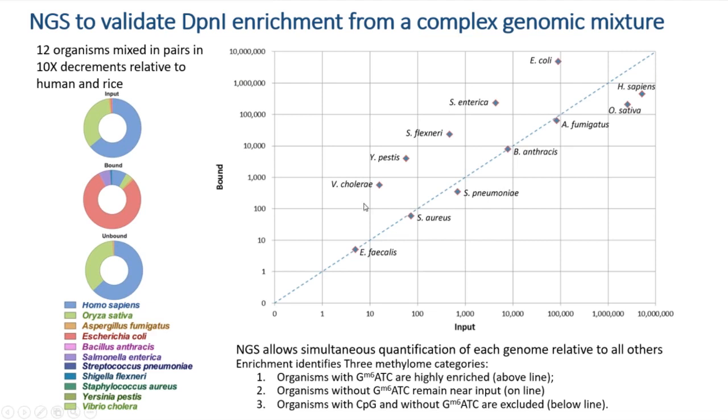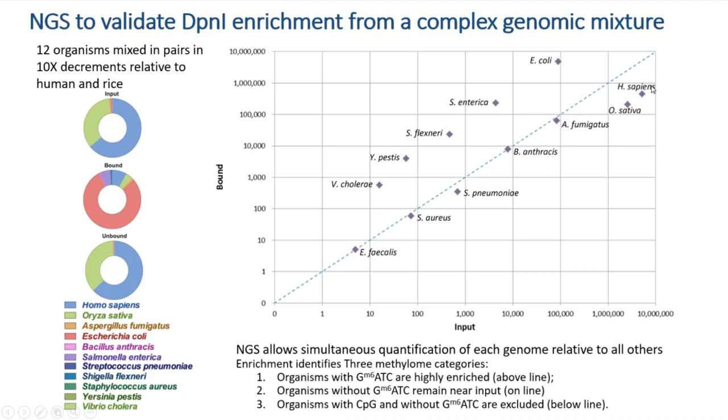All of these organisms that are well above the line are all organisms that contain GATC. They include the DAM methylase. Their genomes are methylated at GATC sites that occur maybe every 250 bases throughout the genome. These microbes along the line do not have methylated GATCs, and so they don't show the same level of enrichment.